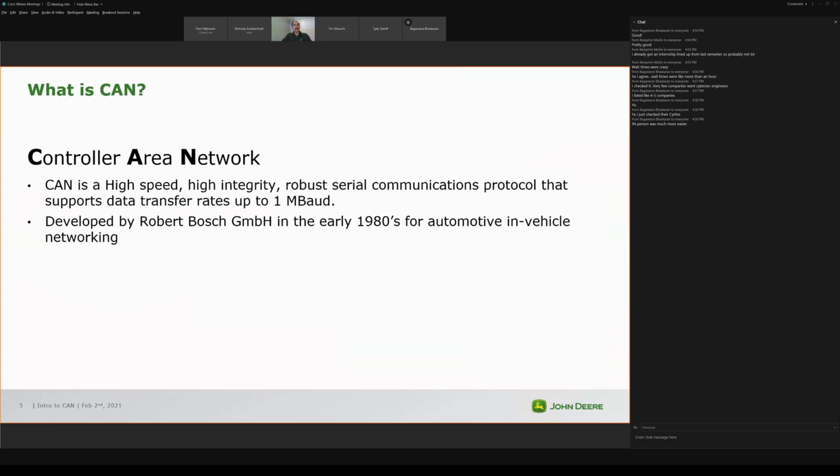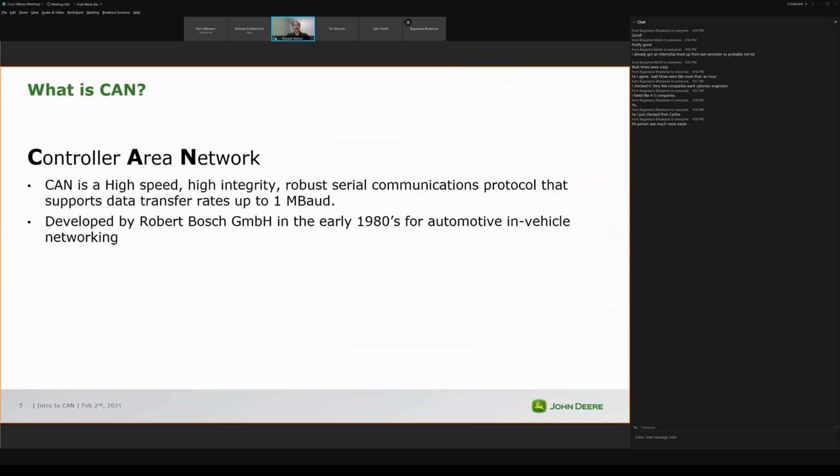What is CAN? Controller Area Network. It's basically high speed. When we say high speed, it's 1 megabit, and when you compare with Ethernet, it's nothing, but it's a lot faster for vehicle systems. It's high integrity, and we'll talk later about why that integrity is there.